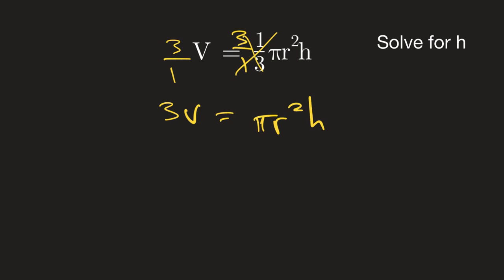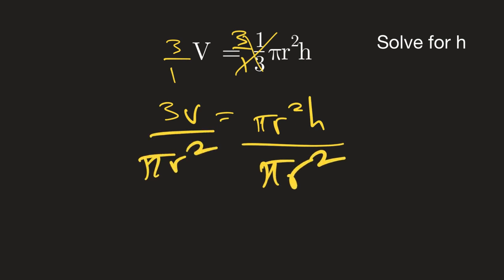How do we undo multiplication? With division. We're solving for h, therefore we are going to divide both sides by the pi and the r squared. We can undo multiplication with division.